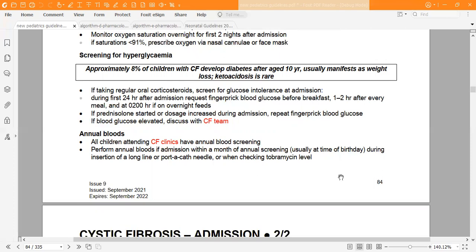Okay, so the annual blood screening for CF patients is done once a year. So that's usually around his or her birthday. And when you are going to change the portacath, for example, you have to take these annual bloods on that visit.